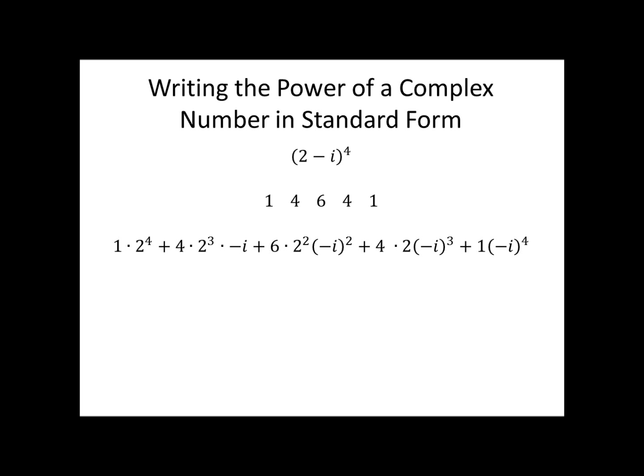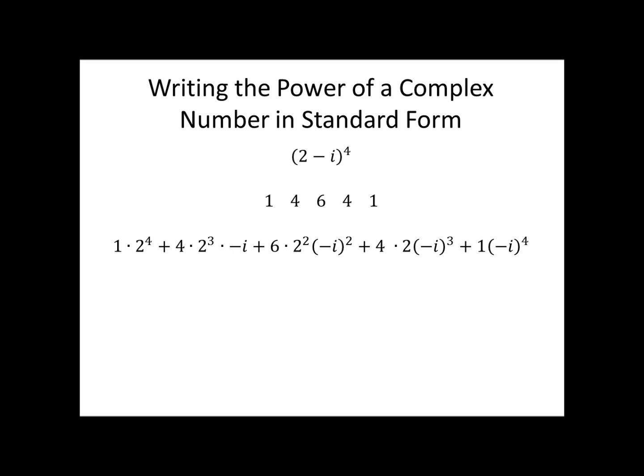So it's 1 times the first term to the fourth power, so my 2 to the fourth power, plus 4 times 2 cubed times negative i, because that negative goes with the i, plus 6 times both of those terms squared, plus 4 times 2, that is my first term to a power of 1, times negative i cubed, plus 1 negative i to the fourth power.